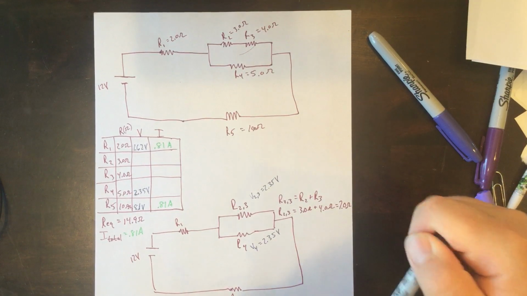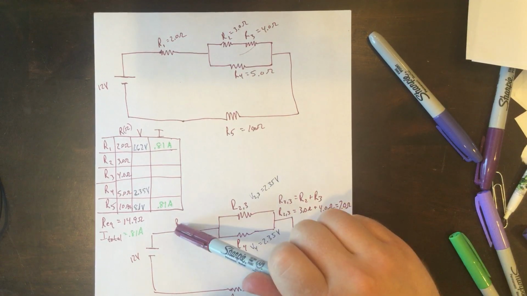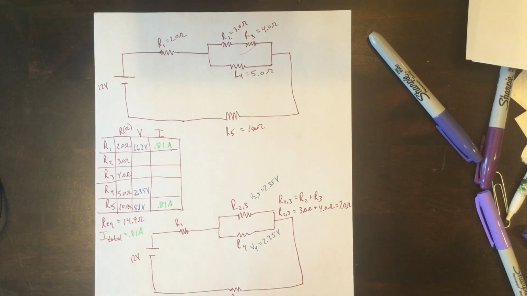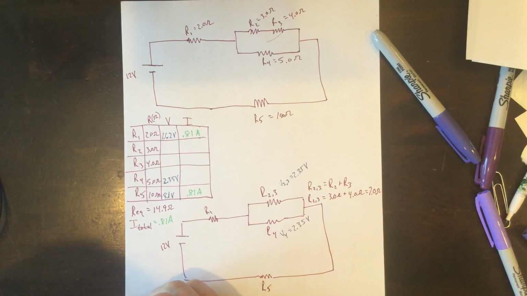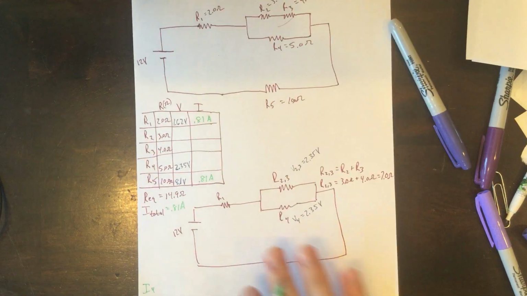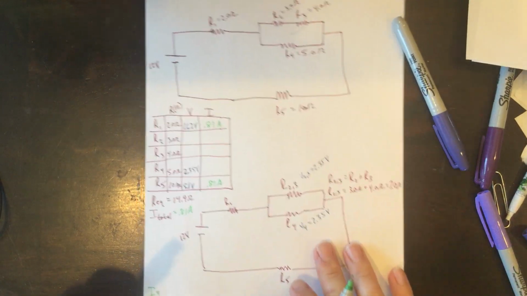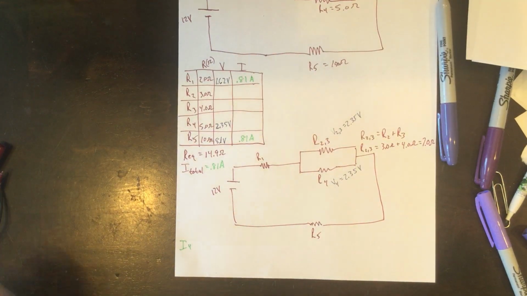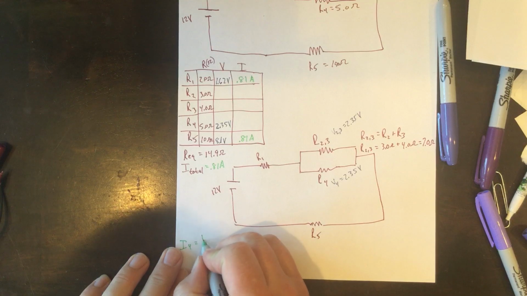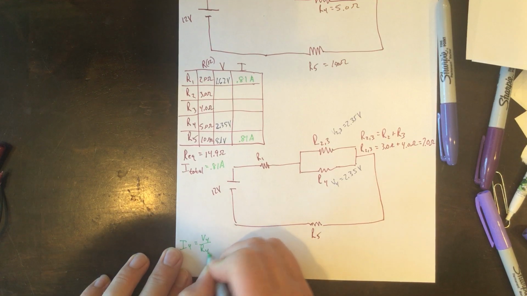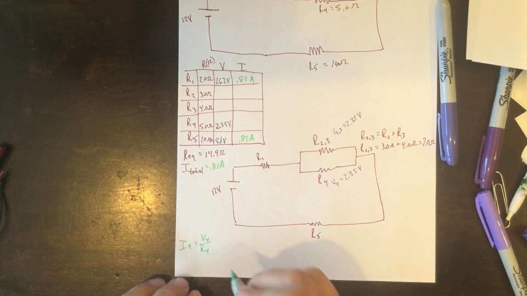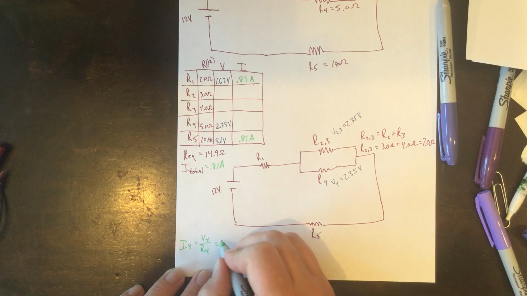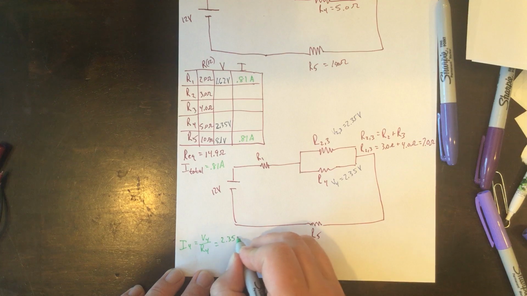All right? So we already have this one completed, and this one completed. Let's do R4. I4 is equal to V4 divided by R4, right? V equals IR. V4 is going to be 2.35 volts.